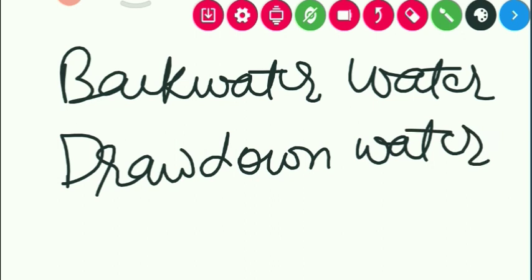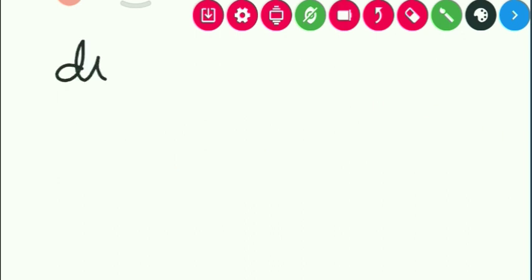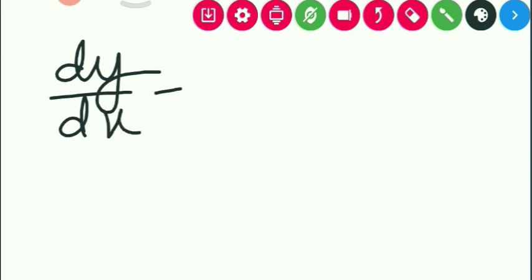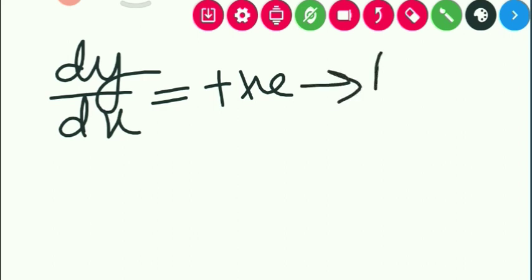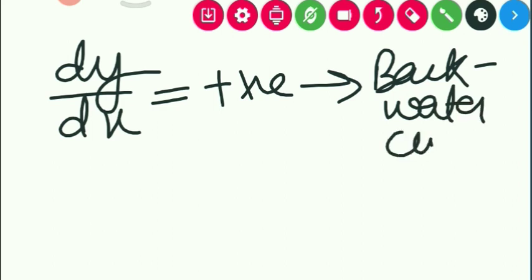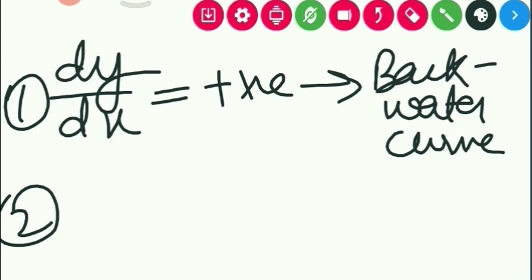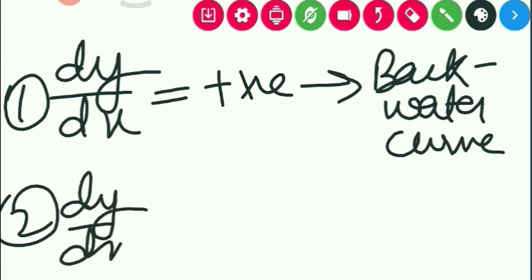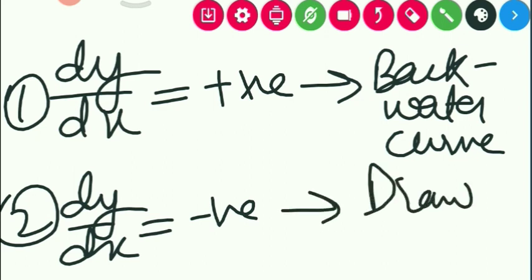Whenever we have dy/dx as positive, it will be a backwater curve, and whenever dy/dx is negative, it will be a drawdown curve.